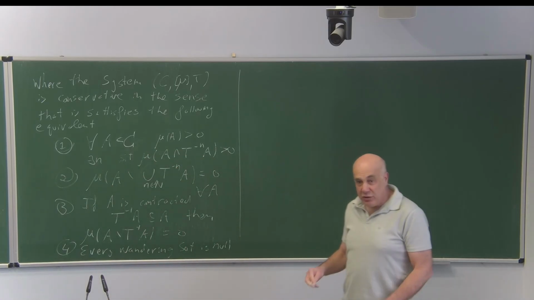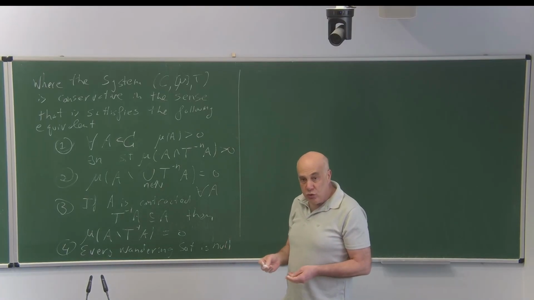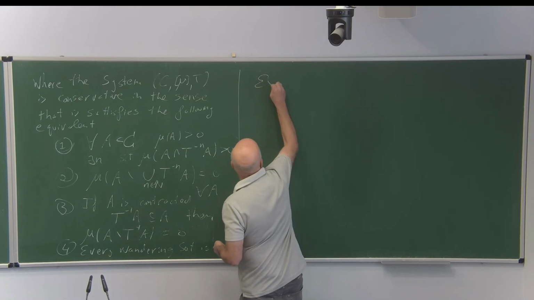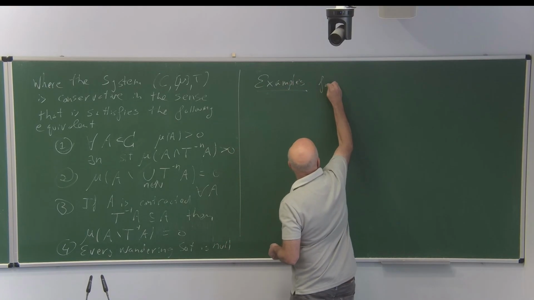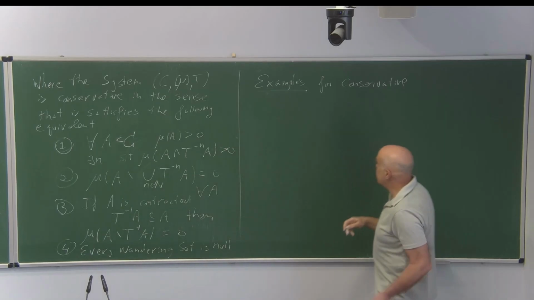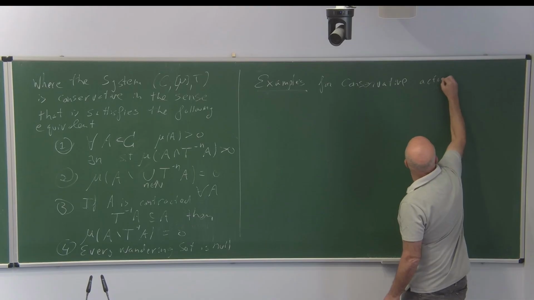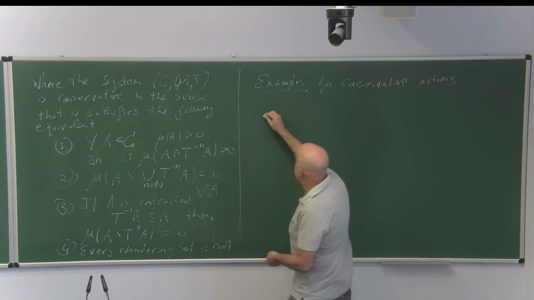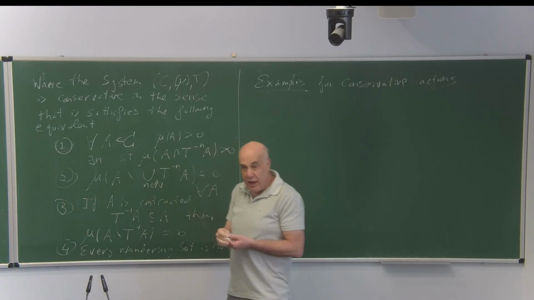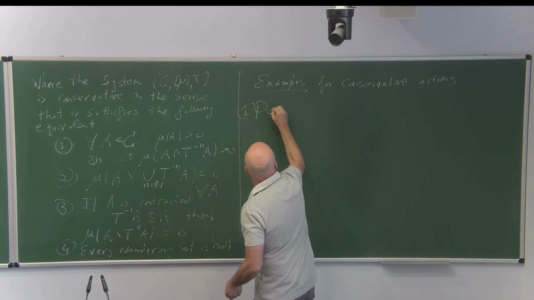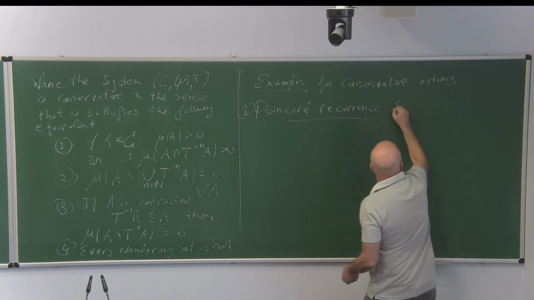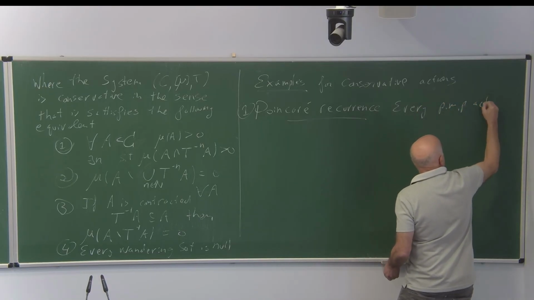So let's talk about when conservative systems actually come about. Examples, or the main reasons for conservativity. An action is called conservative if it satisfies these equivalent conditions. First and foremost is Poincaré recurrence: every probability measure preserving action is conservative.